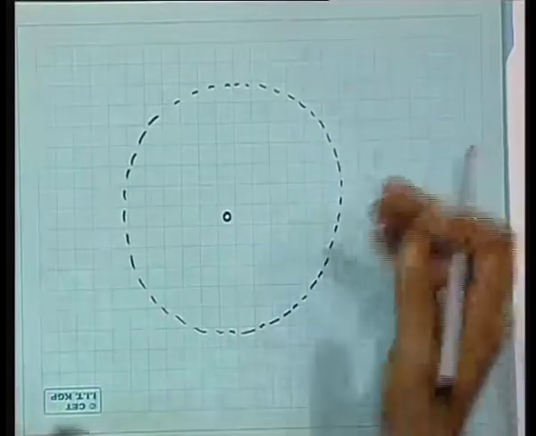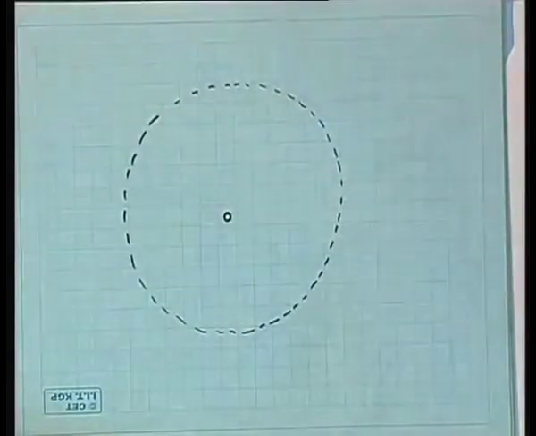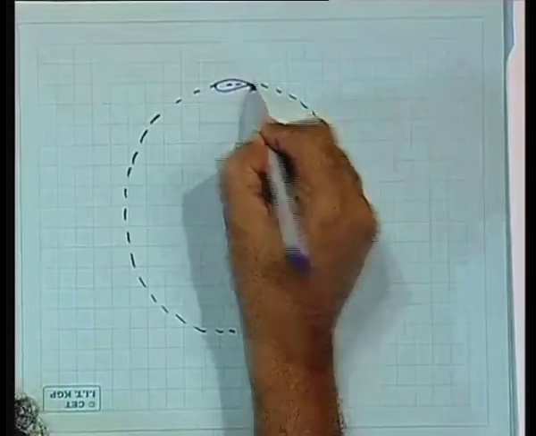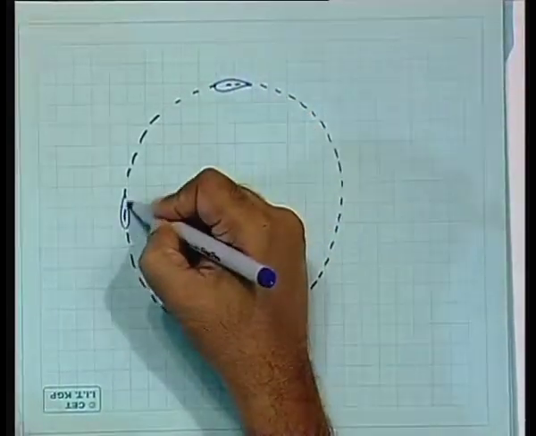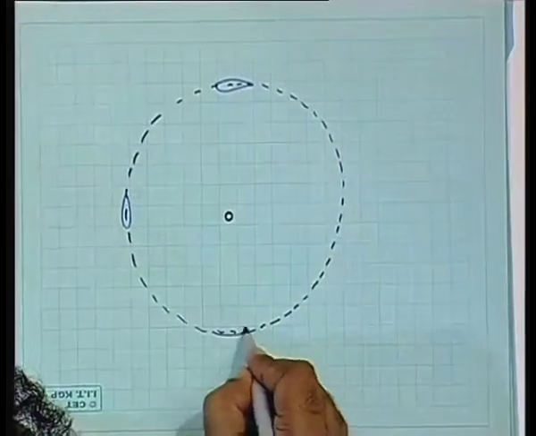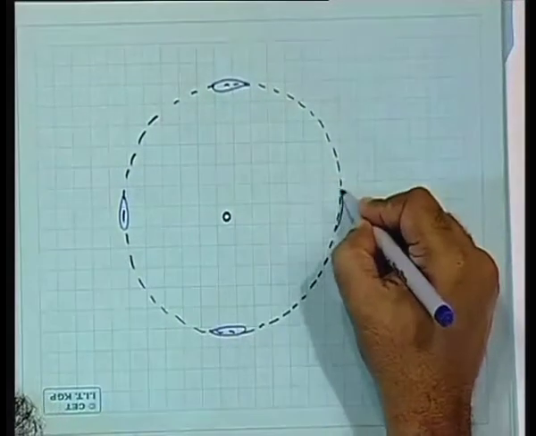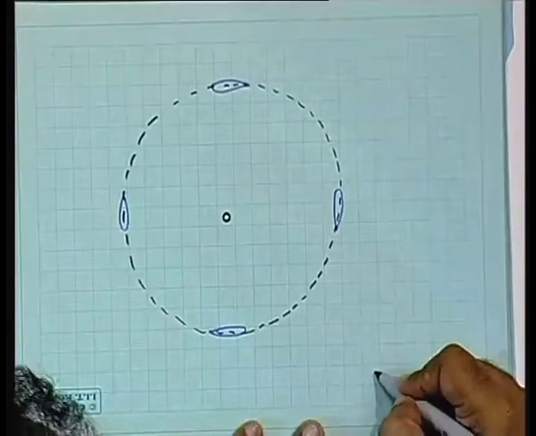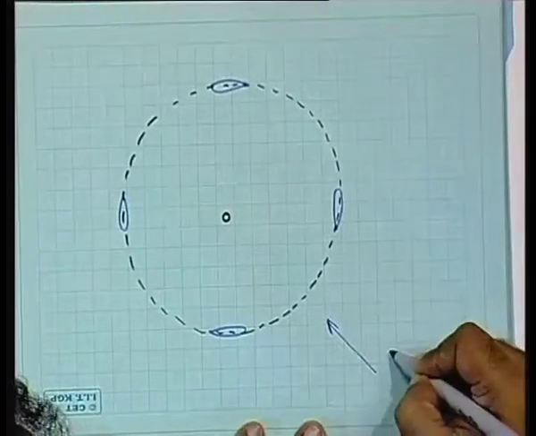So this is how it rotates. So at every point we will draw the airfoil structure. Okay, and imagine that the wind is coming from this direction.